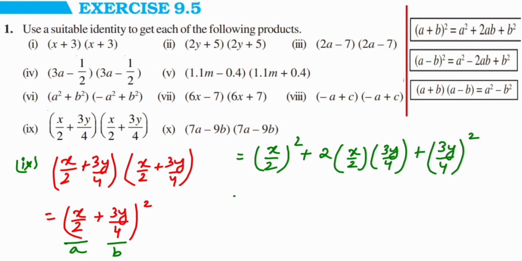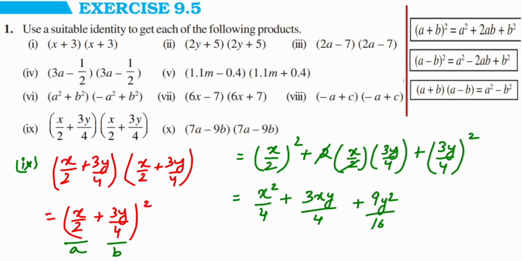So from here we can write x square upon 4 plus, here we can cancel 2 and 2, so we'll get in the numerator 3xy upon 4, then plus 3 square is 9 and y square is y square, and 4 square is 16. That's it. This is the answer for the ninth problem.